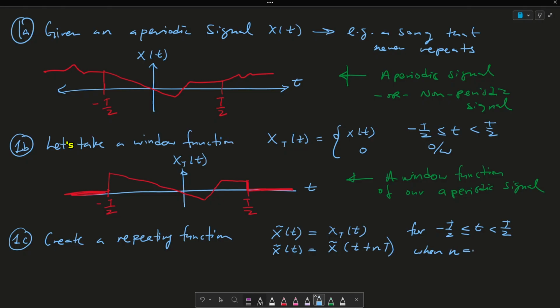So essentially n is equated to dot dot dot minus 2, minus 1, 1, 2, dot dot dot. And again, keep in mind this here is going to be a repeating function.